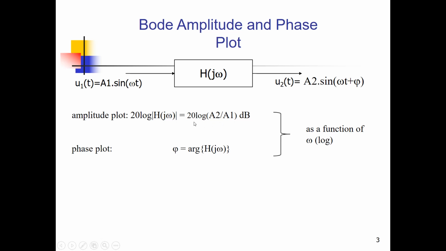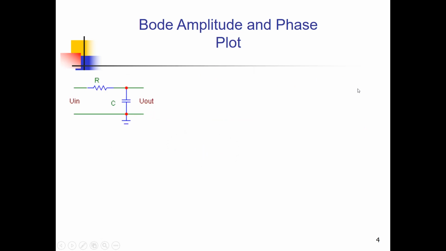The unit of this calculation is dB, decibel. In the phase plot, we plot the phase, which is the argument of the function, for every frequency. Let's look in more detail.